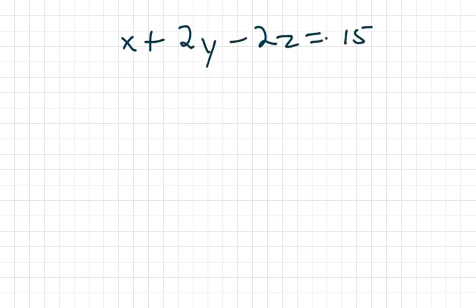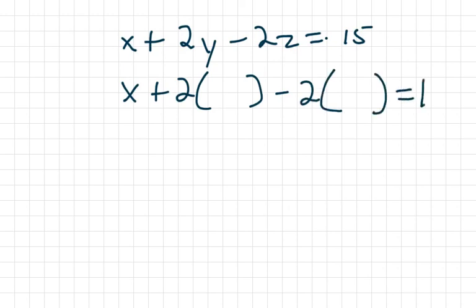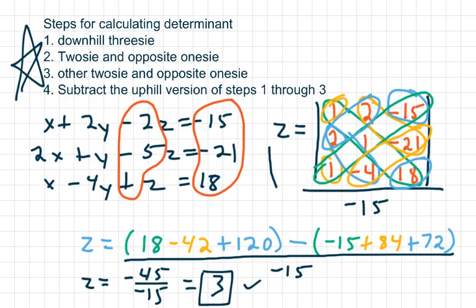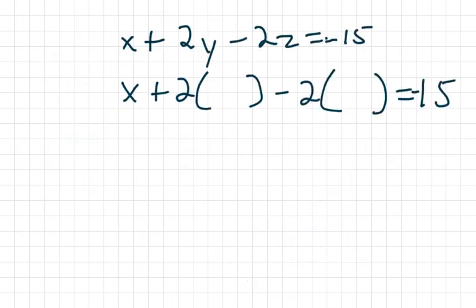We can take it back up into any of the equations. So I'll just take the first one, x plus 2y minus 2z equals negative 15. And we can plug those values in. So x plus 2 times negative 4 minus 2 times 3 equals 15. Oh, negative 15, my bad. Negative 15. So our z was 3 and y was negative 4.